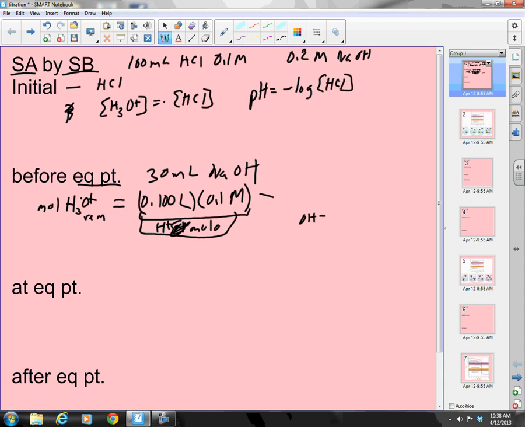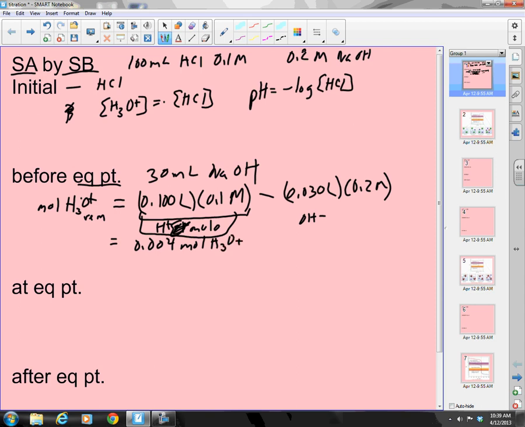And so in this case, I'm going to take 0.030 liters times 0.2 molar, okay? And that'll give me my moles of hydronium, 0.1 times 0.1 minus 0.03 times 0.2, and I get 0.004 moles of hydronium remaining.